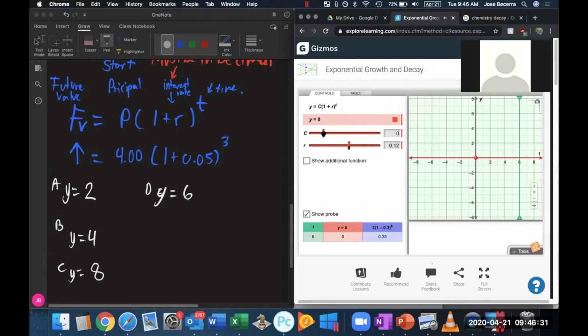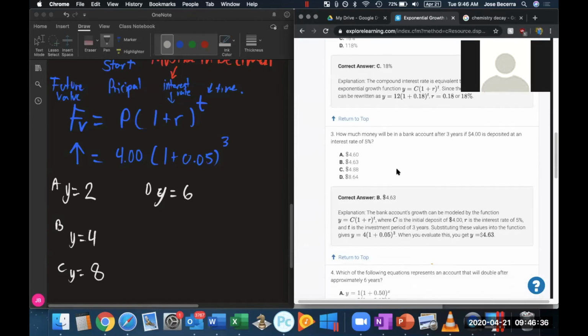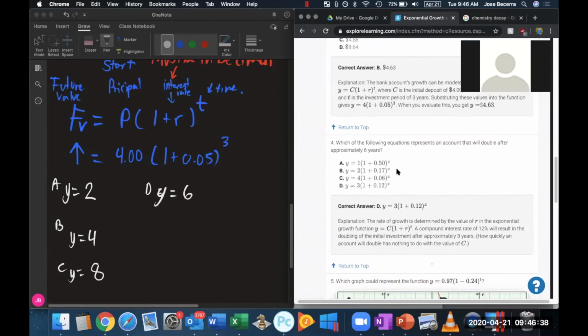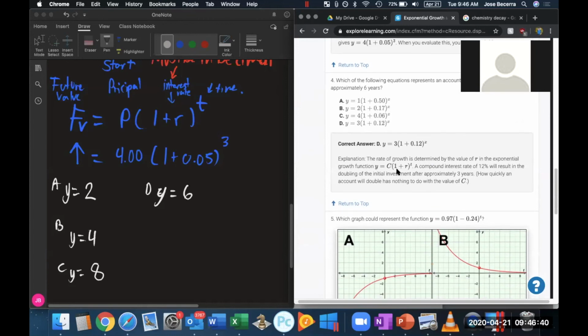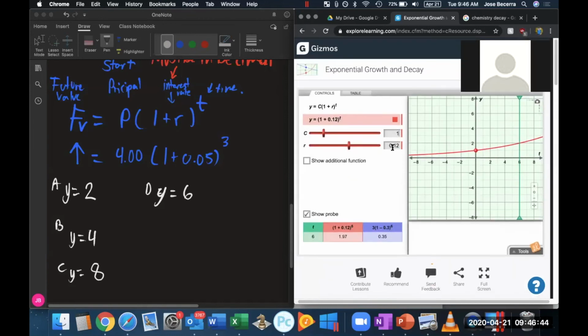We can do that, because 1 is pretty close. And then it's going to say minus 0.24. So this is kind of what my graph is going to look like.